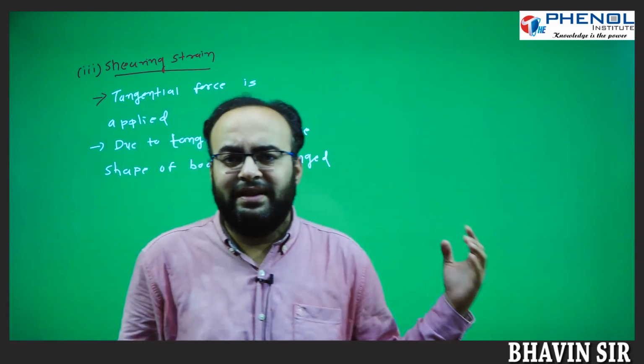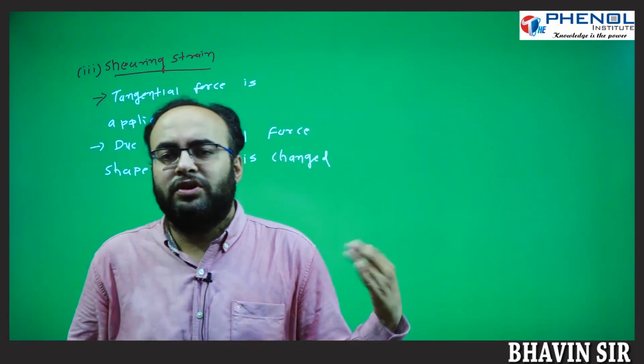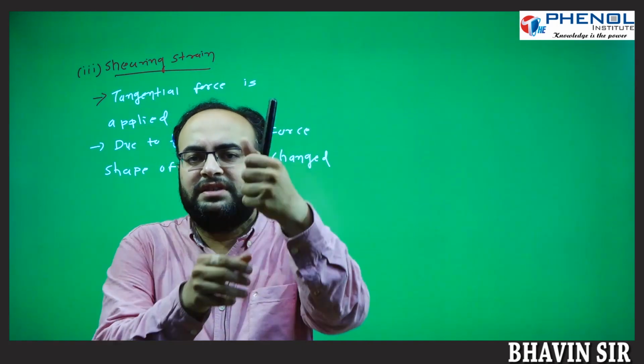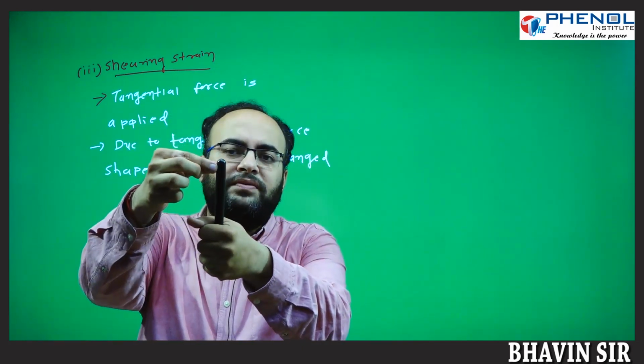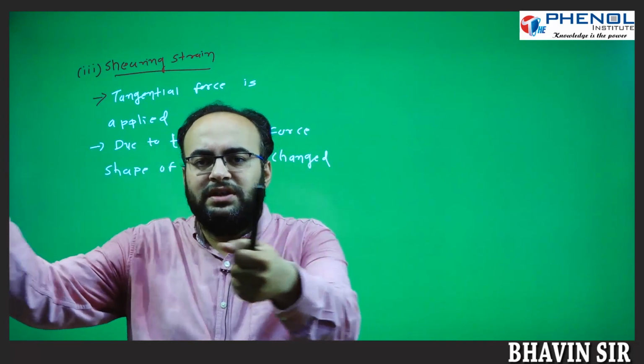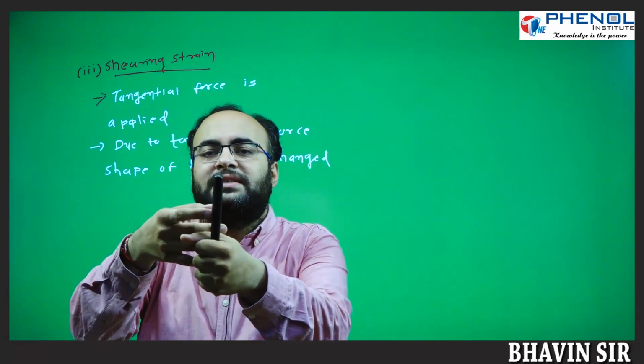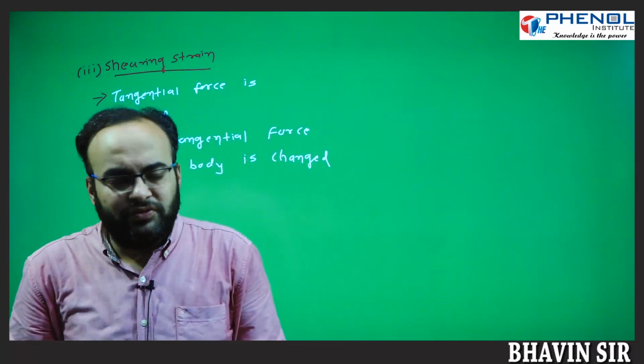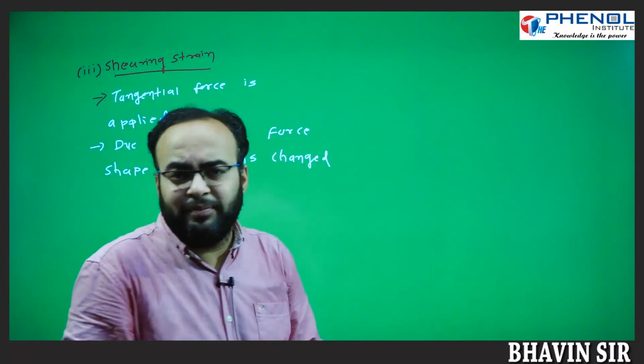In the first case length changes, in the second case volume changes, and here shape changes. Suppose this is a pen; if this end is fixed and we apply force in the tangential direction, then its shape changes, it becomes inclined. So with tangential force, the shape of the body is changed.